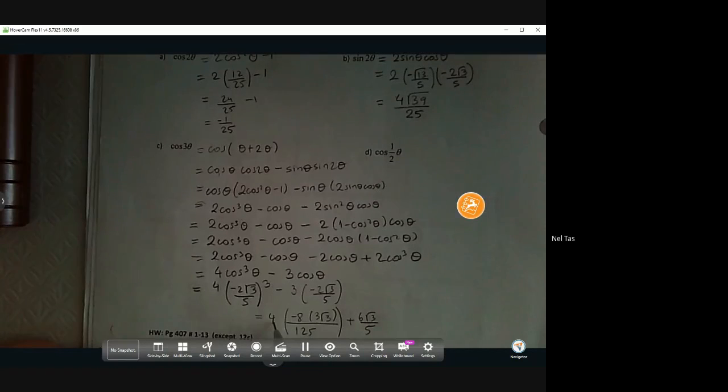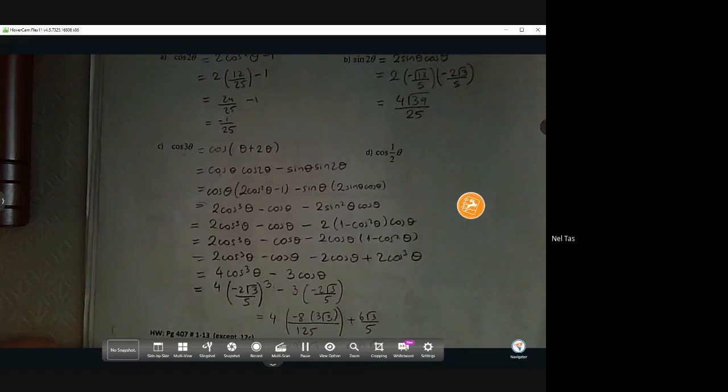You need to multiply 4, 8, and 3. So you get 96. So negative 96 root 3 over 125 plus, and now you can have a common denominator with this. So you need to multiply the second fraction by 25 over 25. That gives us 150 root 3 over 125. So you end up with 54 root 3 over 125.